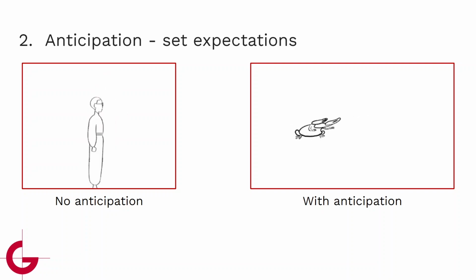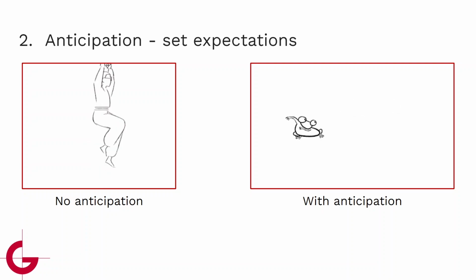Whereas if you look at the animation on the right, a frog leaping, very similar, but before he actually performs the leap, there's a bit of a build up for that leap. As you can see, a few frames here where he builds up for that leap, and it sets the expectations for the animation and improves it.